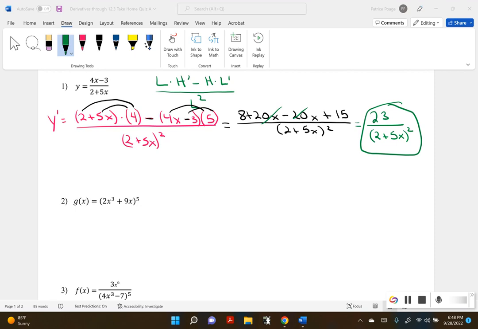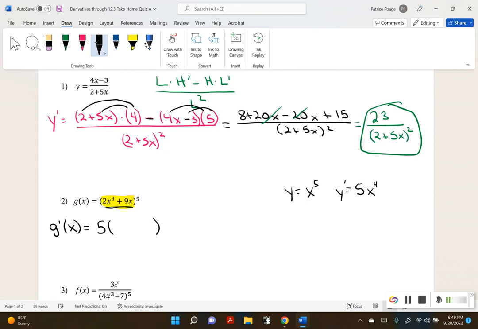All right, number 2. So number 2, we have a chain rule. We have a bunch of stuff here to the 5th power. So if it was just y equals x to the 5th, then the derivative would be 5x to the 4th. But instead of x, we have a bunch of stuff. So our derivative is going to be 5, all that stuff, to the 4th power.